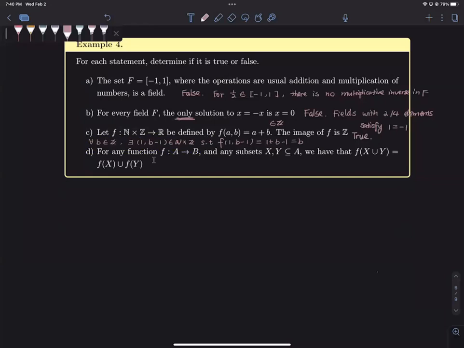Exactly. Part D, is part D true or false? Part D was the one I was going to prove, but it's not proven. True or false, guys? Come on, part D should be the easiest.